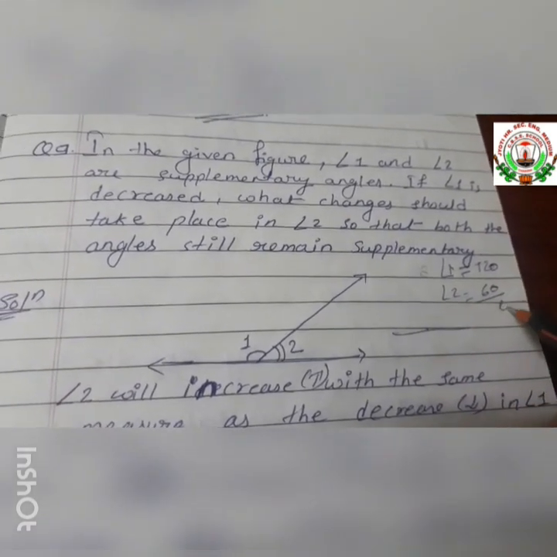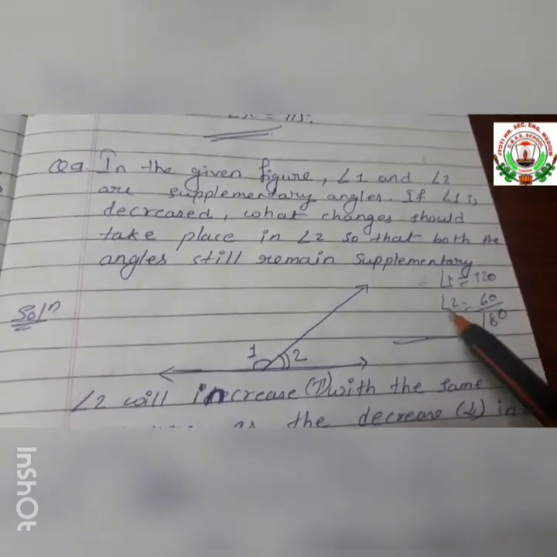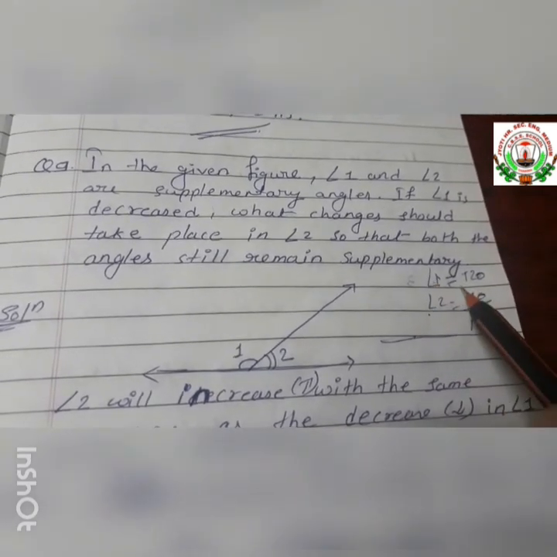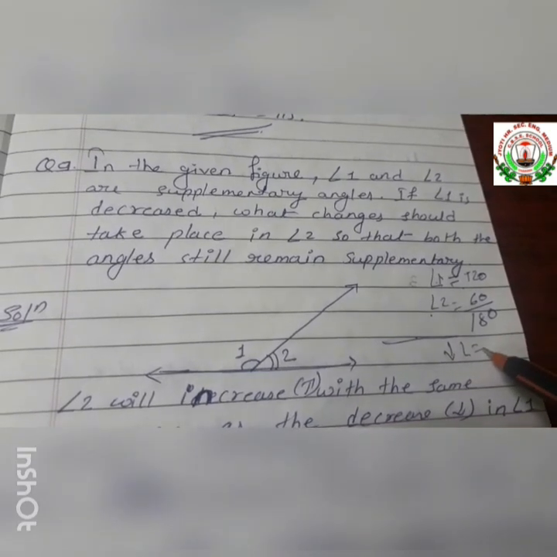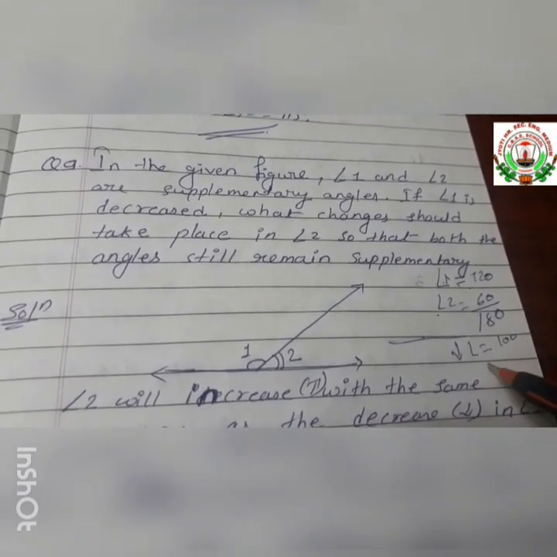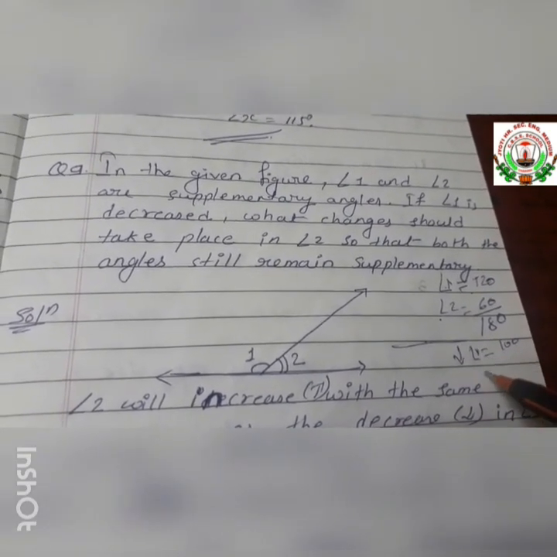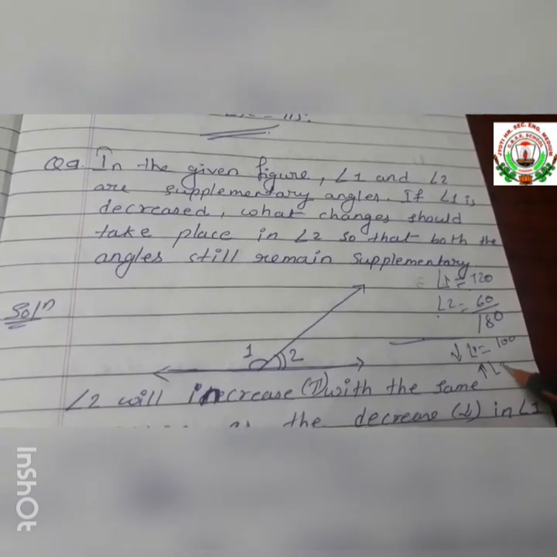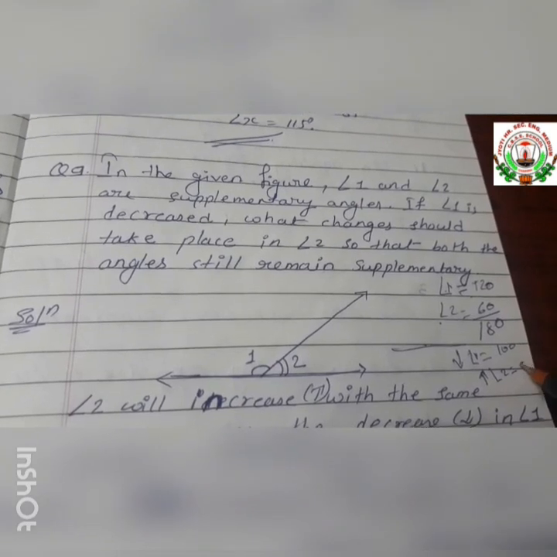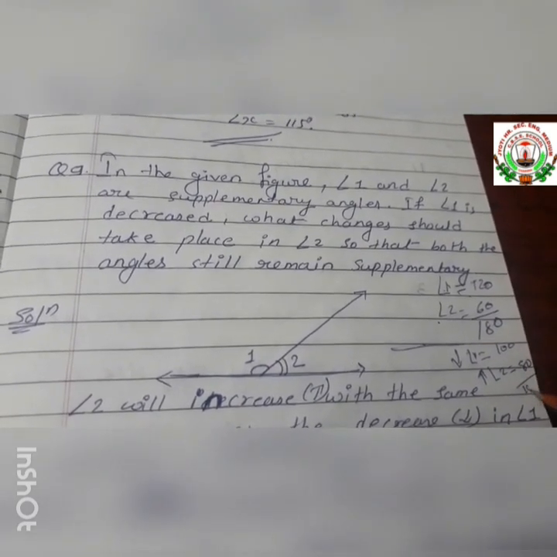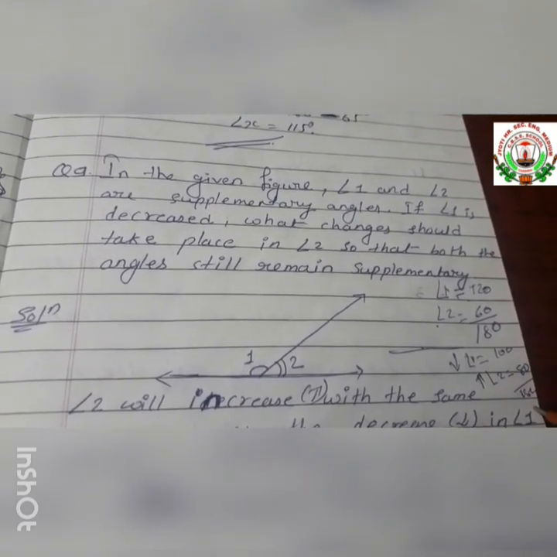So what is the total of both? It is 180 degree. Now when we decrease this value, suppose angle 1 is decreased to 100. Then what will be the effect on angle 2? Angle 2 will be equal to 80. So 80 plus 100 will be equal to 180 degree.